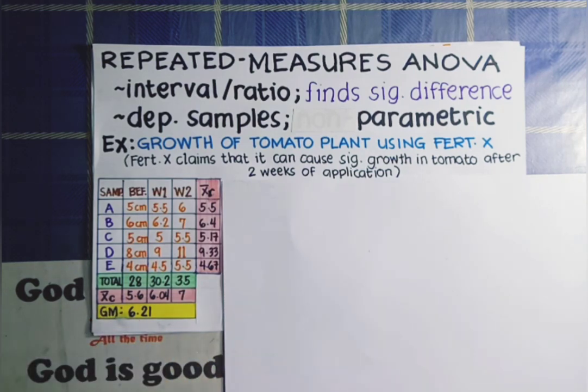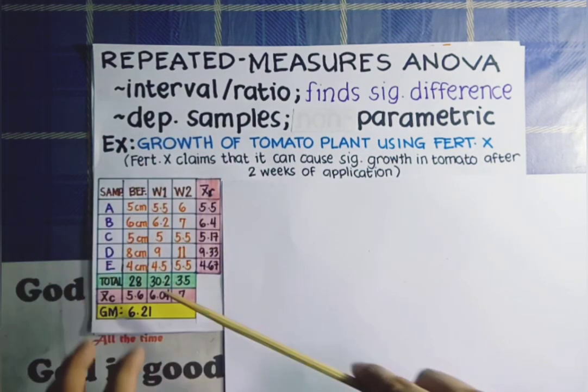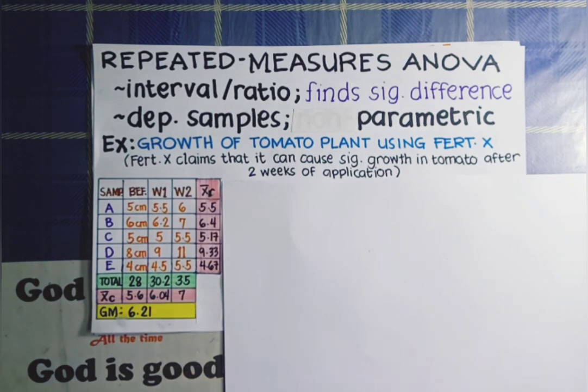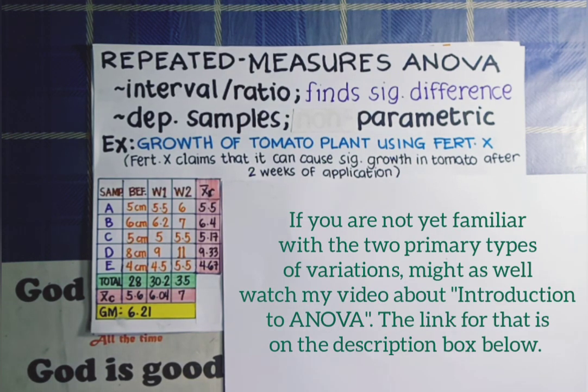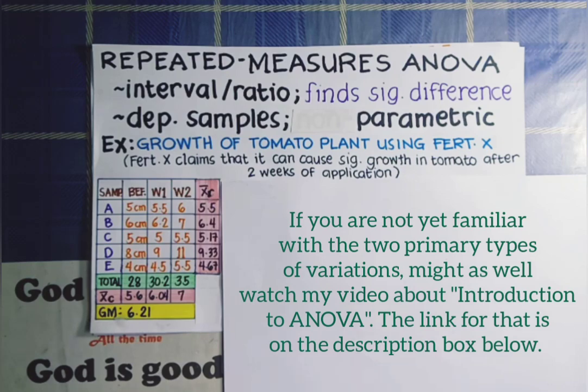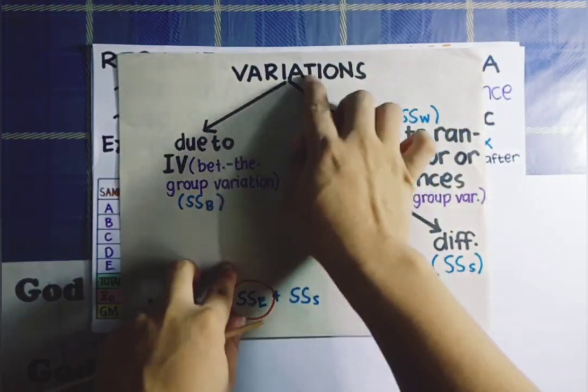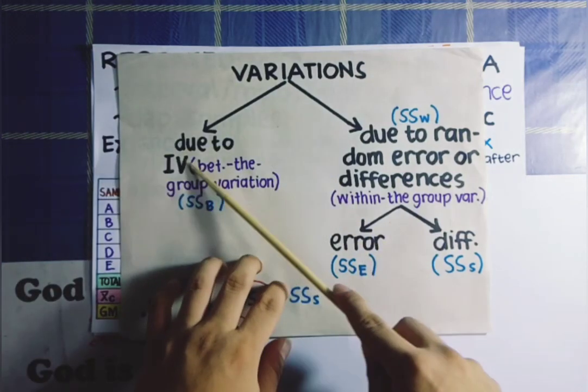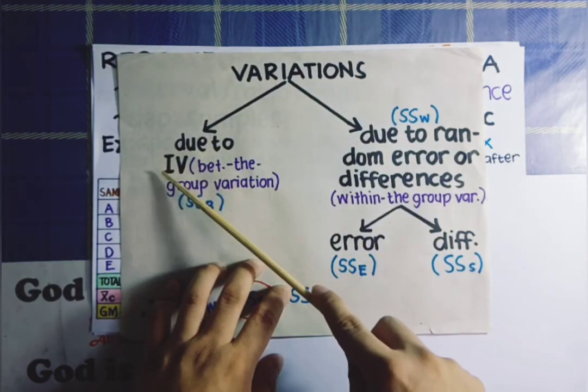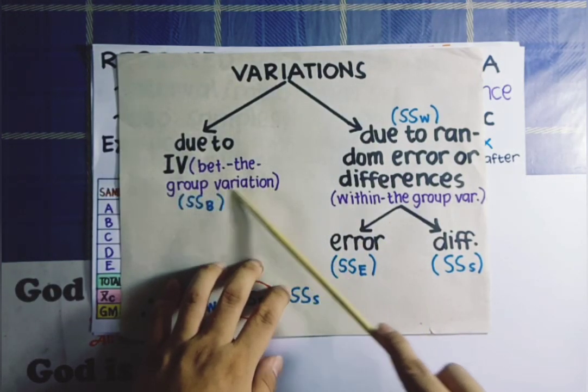Now obviously there are variations in the results here. And again, these variations may be caused by our independent variable or may be caused by random error or random differences. So again, just a little review. Variations may happen due to, number 1, the independent variable. We call it the between the group variation.